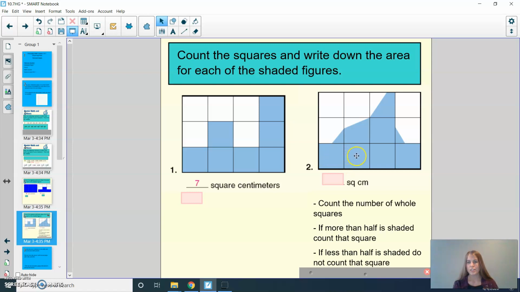So I can see I have 1, 2, 3, 4, 5, 6, 7, giving me an area of 7. I did not count these two squares because less than half were shaded. We're going to be finding the area using two different pictures today that are going to look a little bit more like this, where it's not going to be whole squares filled in.